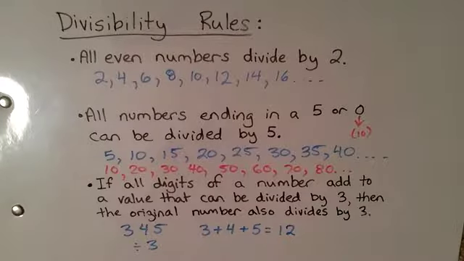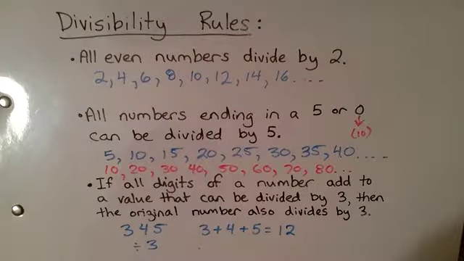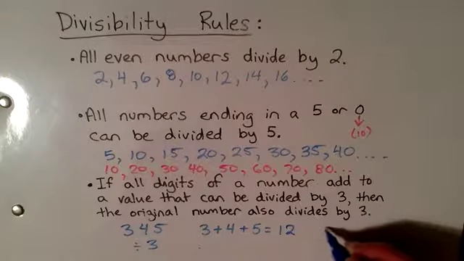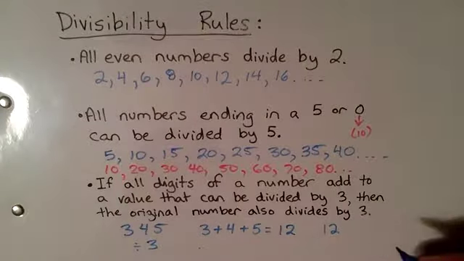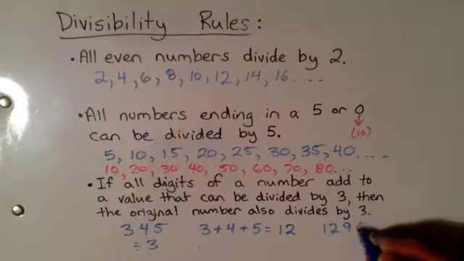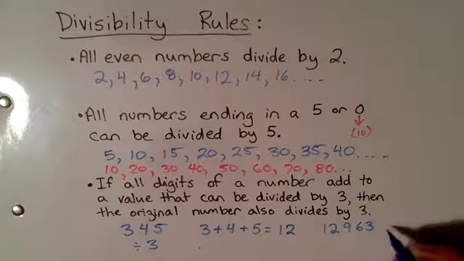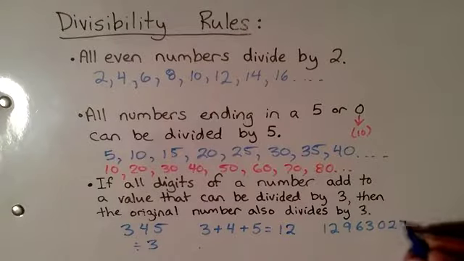This can work with really, really large numbers as well. For example, if I was to do 12,963,027.